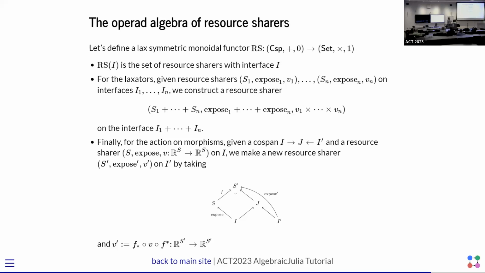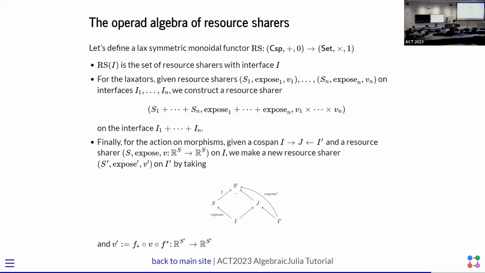Okay, so next, we're going to give the laxators. For that, given some interfaces in different sets of interface variables, and then given resource sharers on those, we need to send them to a resource sharer on the interface which is the coproduct, or the sum, of all those interfaces. There's really only one thing that comes to mind, which is that I'm just going to stick all these resource sharers next to each other with no interaction.